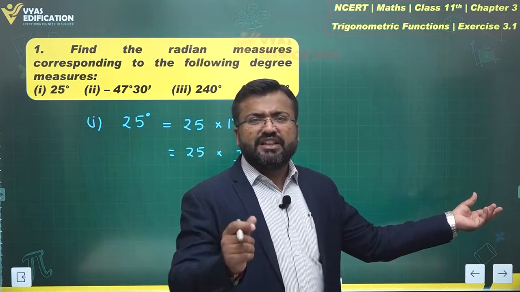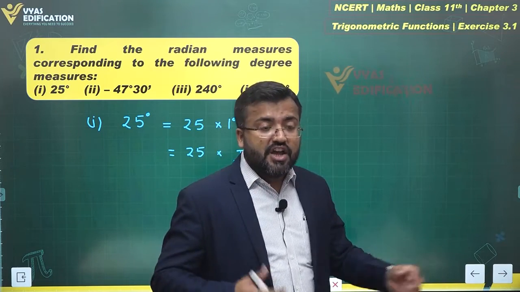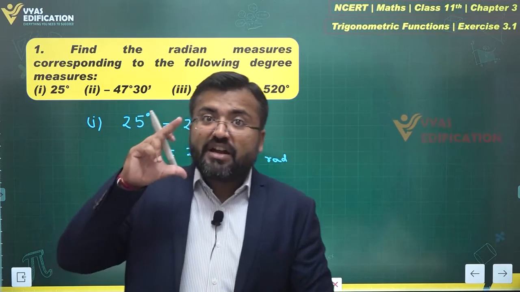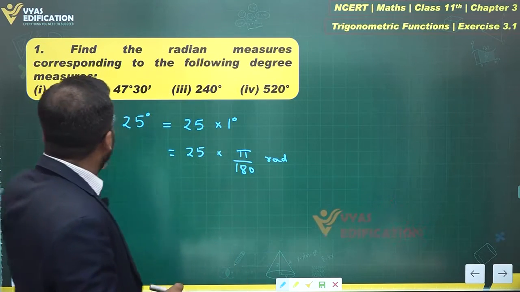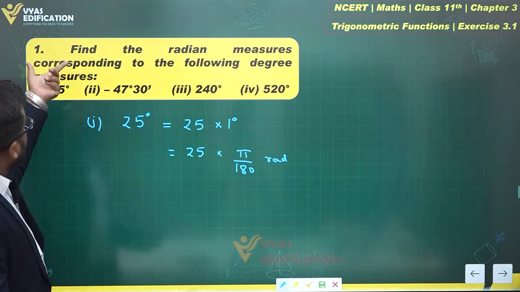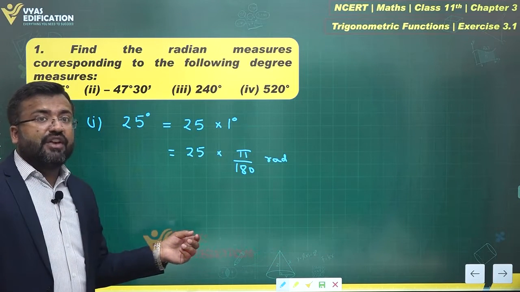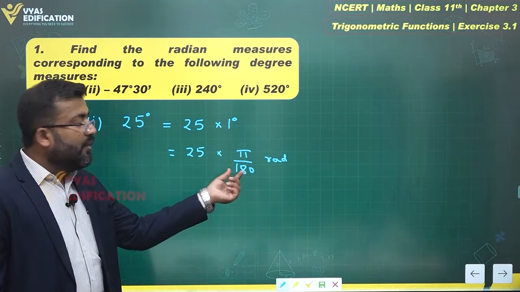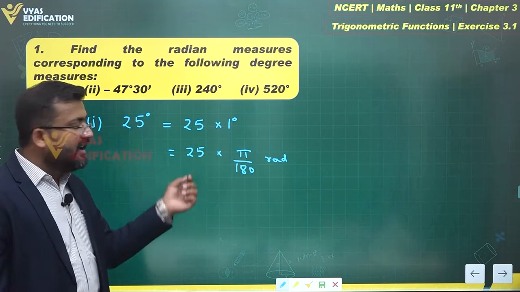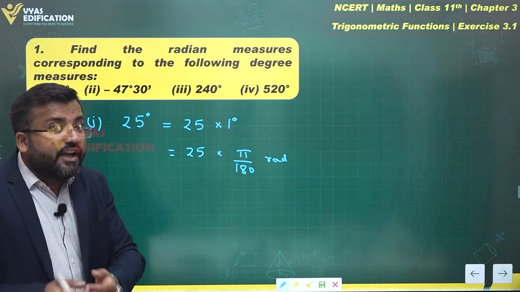Pi is approximately 3.14. 180 is a huge number. So in terms of degrees, you get a numerical value which is much bigger. So this numerical value has to be bigger as compared to the value in terms of radians. If you multiply by pi upon 180, you'll get the value in terms of radians.